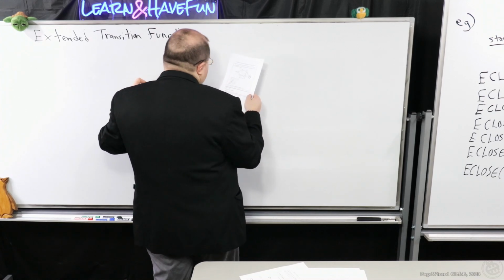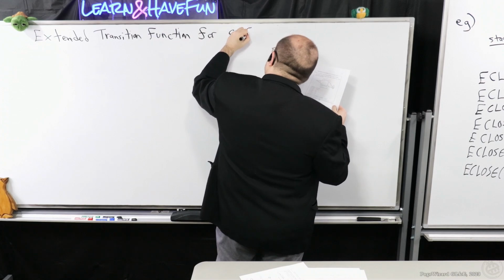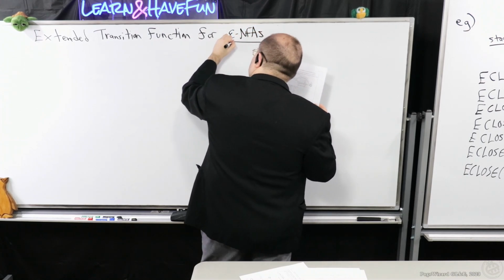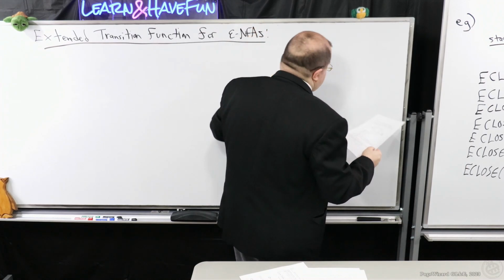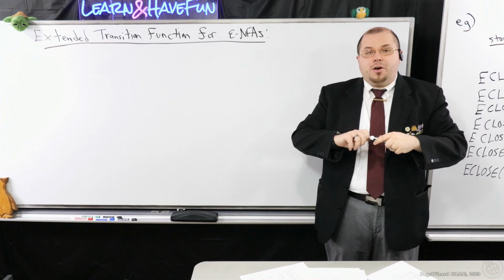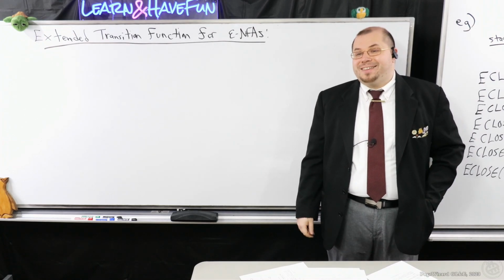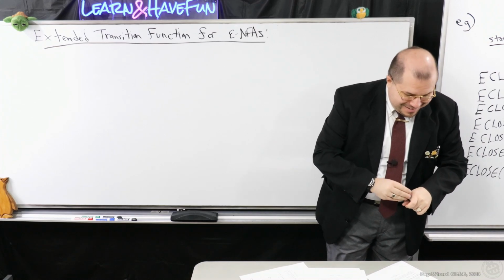The extended transition function for epsilon NFAs is next. So let's define this together. Just like what we had for extended transition functions before, this will be defined on a string, not just a symbol, or the empty string in our case as well.